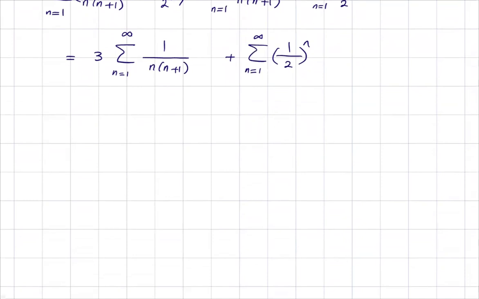We have something that we call telescopic series. And to apply this method of telescopic series, I'll show you what to do. So for a telescopic series, we have the following case.